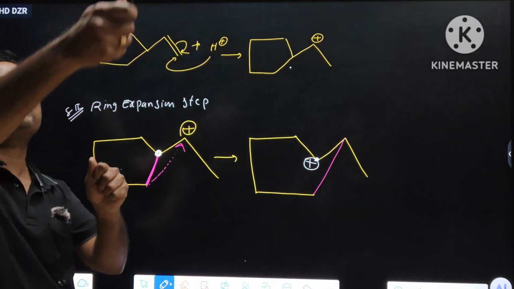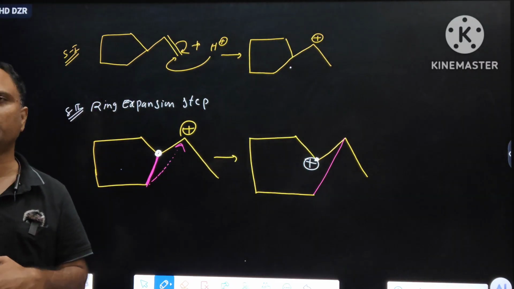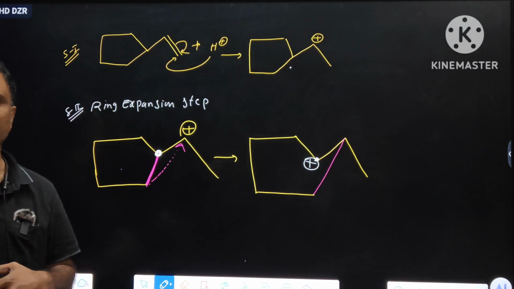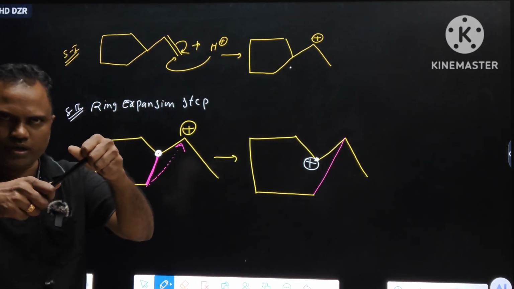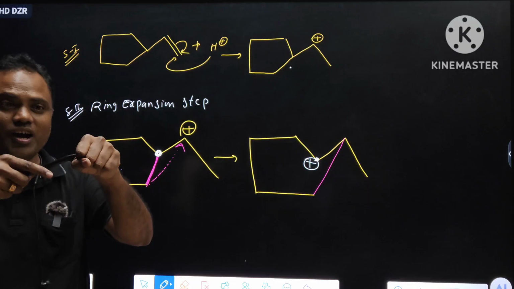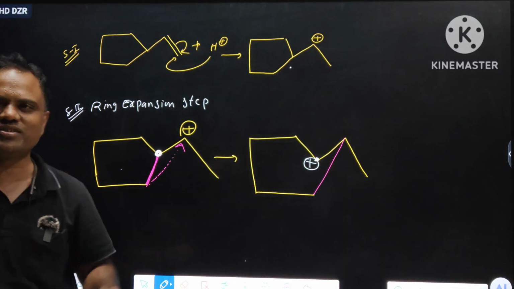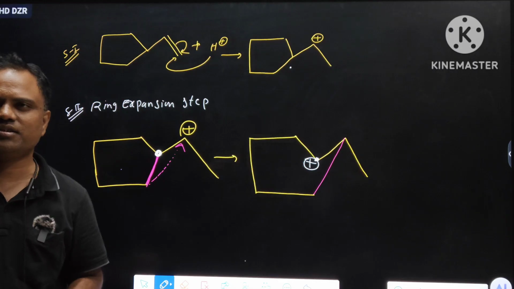Remove that and attach it to another carbon. Along with the bond, the electrons will go. When you detach the bond, the 2 electrons of this bond come along, and the carbon's electron also comes into this bond. That's why the carbon is getting a positive charge. Got it?